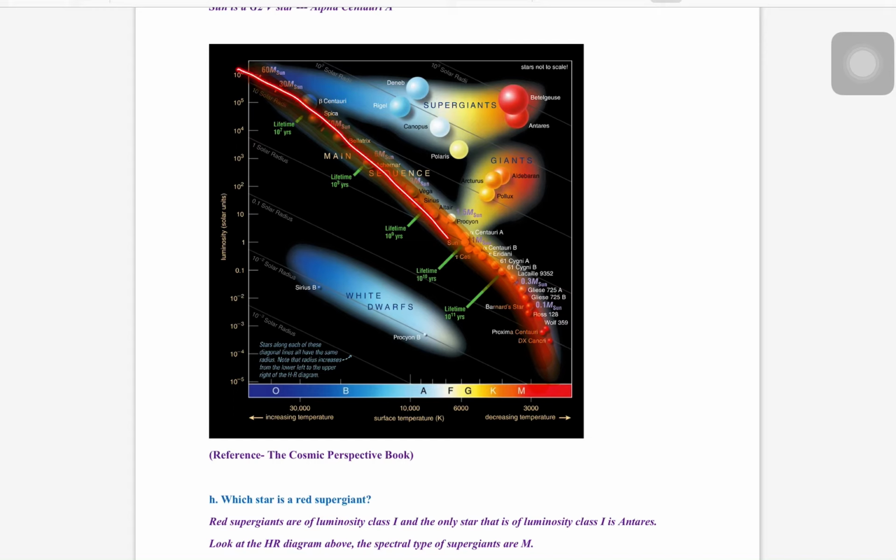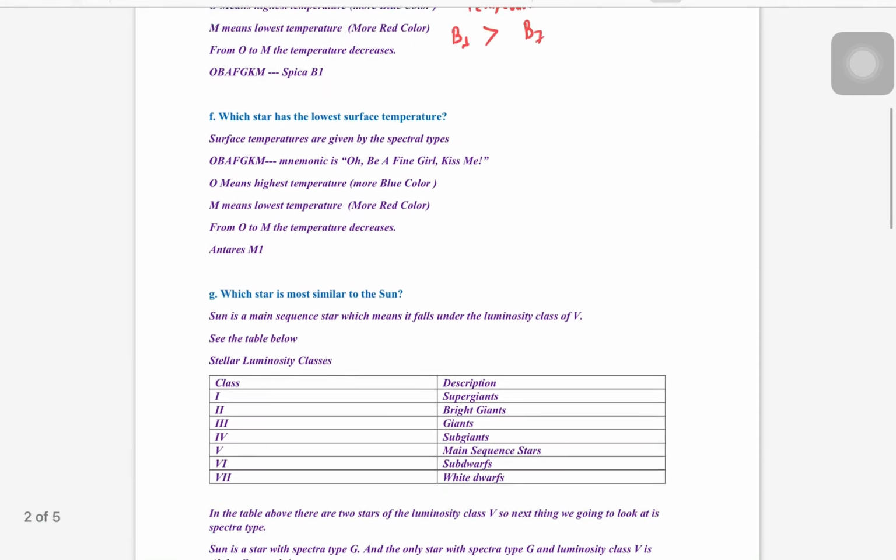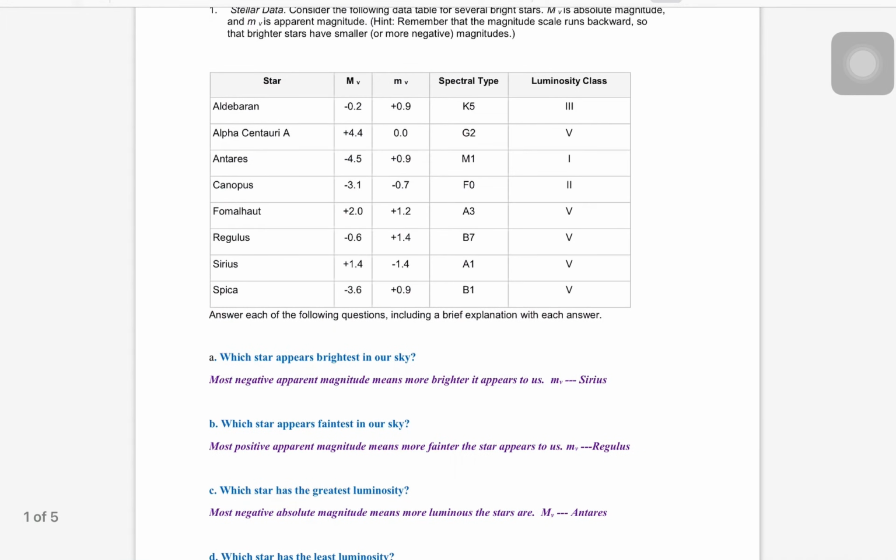So how do we identify the main sequence star? The main sequence stars fall under the stellar class V, and all the other stars which are not main sequence stars must be in the dying stage or have burned their fuel. So look at the table one more time.